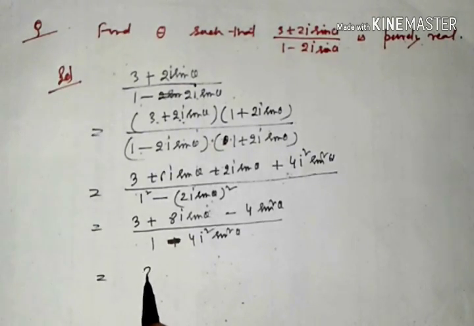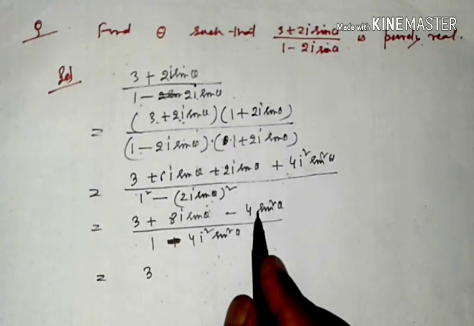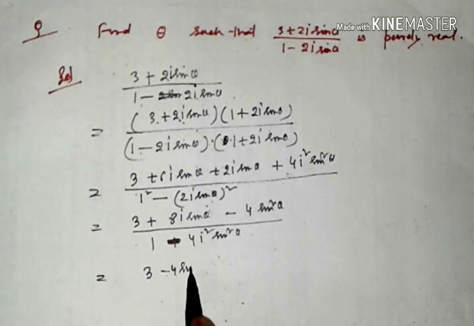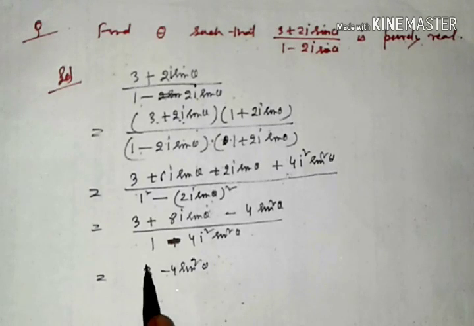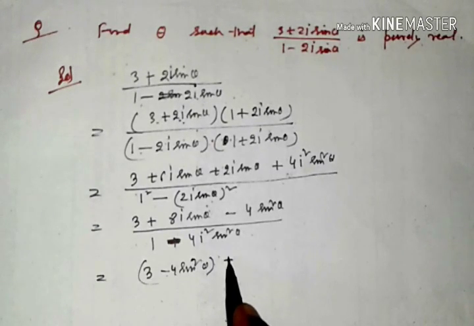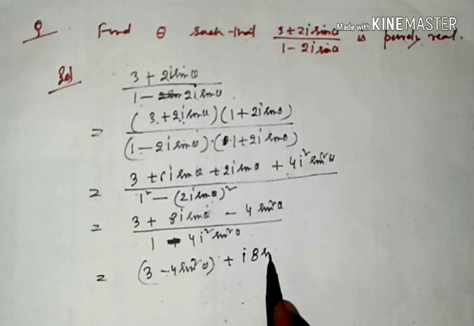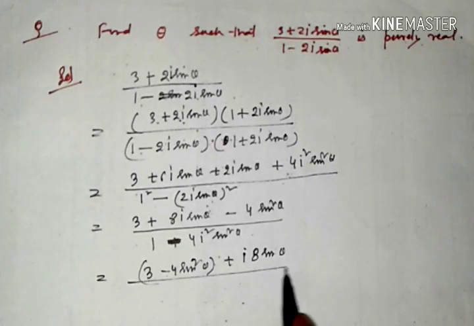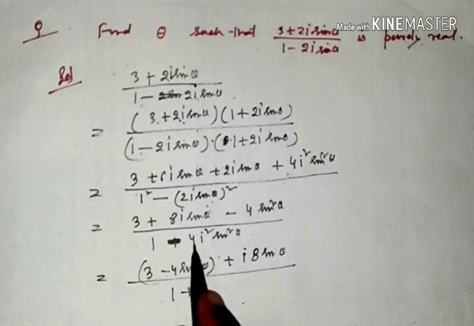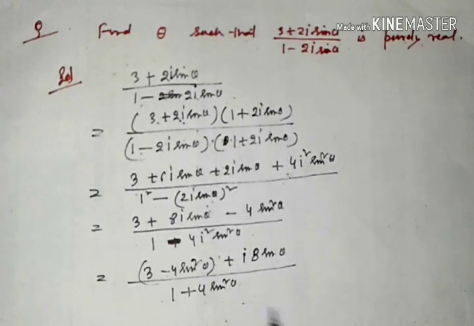Here the real part is 3 minus 4 sin square theta. This is real and this is imaginary, i 8 sin theta. Here 1, there i square is minus 1, therefore minus 1, this is plus 4 sin square theta.